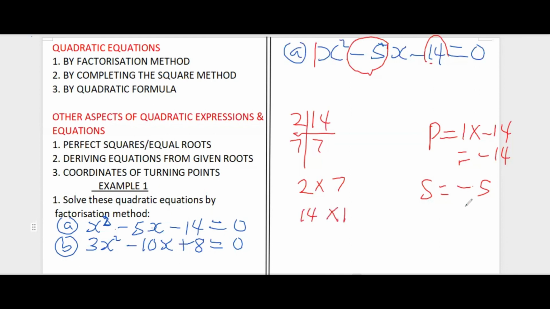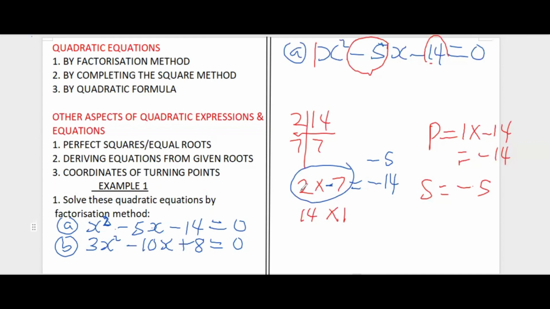But which one is adjustable to get something like this? How do you apportion the sign? If we say plus 2 times negative 7, it will give us negative 14, and plus 2 minus 7 will give you minus 5. So that means this satisfies what we want to use.